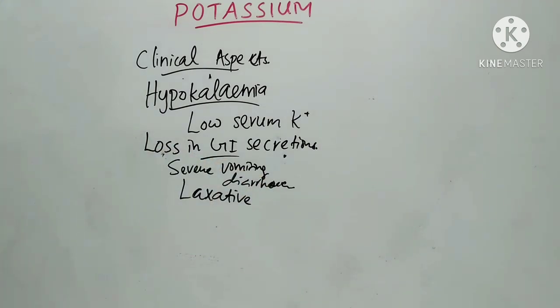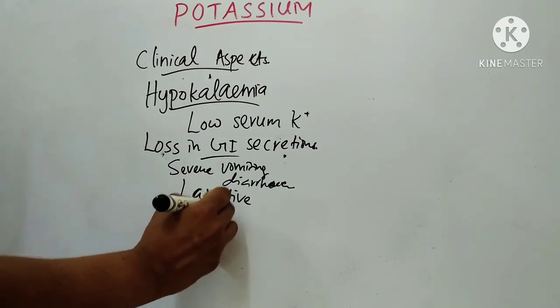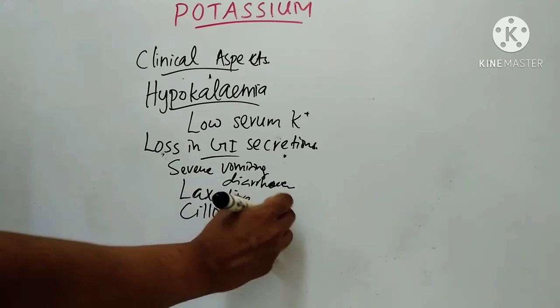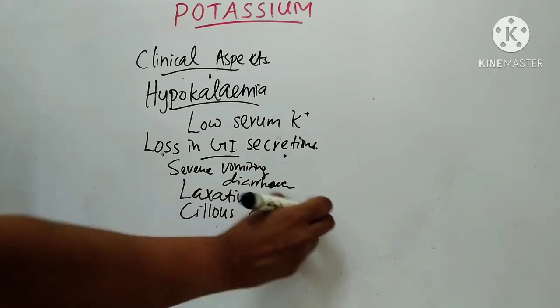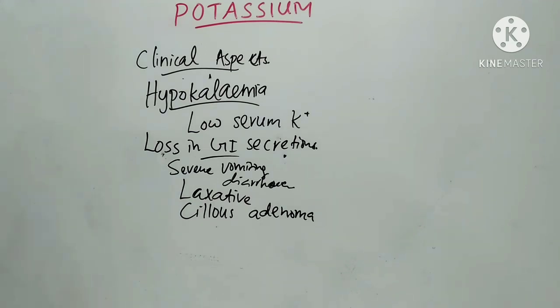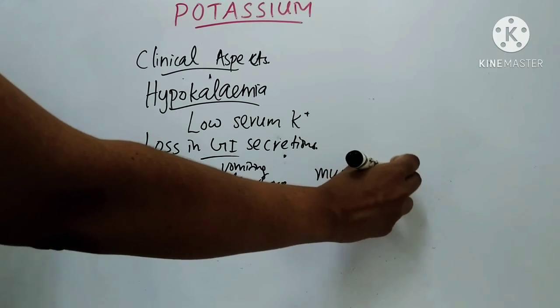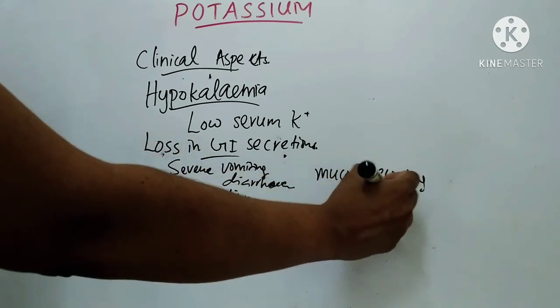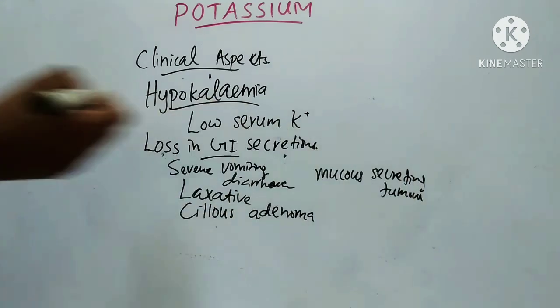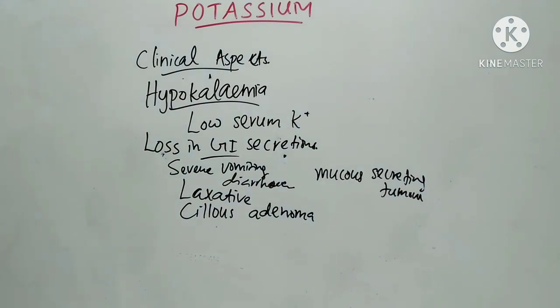Then laxative users. Laxative users develop a state of chronic mild diarrhea, which causes low potassium levels. Then there is a mucus secreting tumor called villous adenoma.